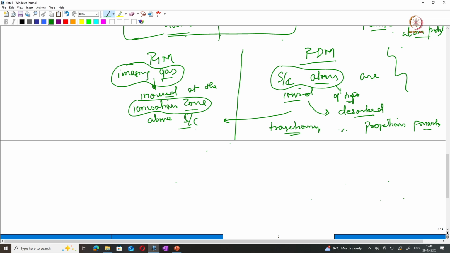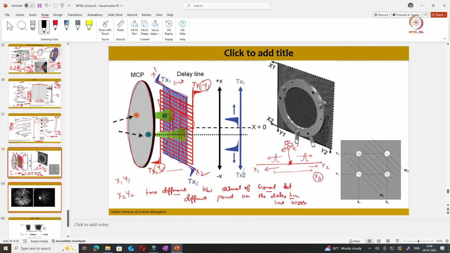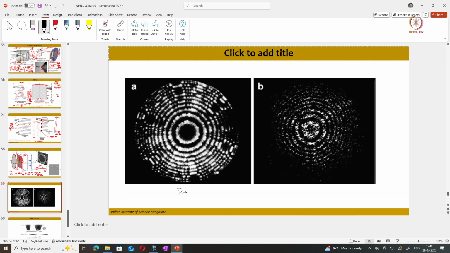Usually, if you see a FIM image and an FDM image, on the left side is a FIM image, and on the right side an FDM image. You can see that this is the same material, tungsten, and you can see these concentric rings, which correspond to the atomic terraces in both images.